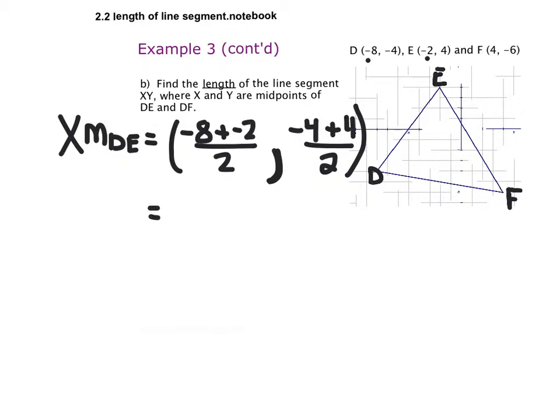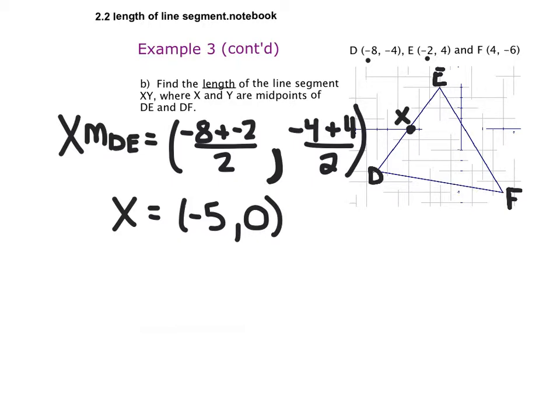So we find out that this X coordinate, okay, that we want to find the midpoint, exists at -5 and 0. So if we want to, we would graph that point, so -5 and 0. So we're going to label that X now, okay?